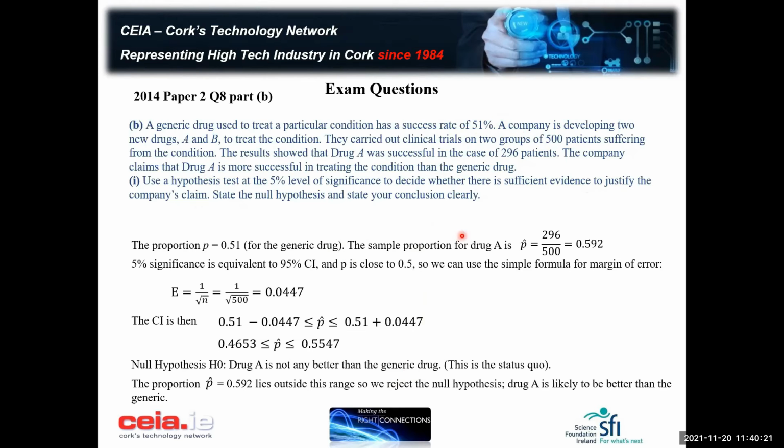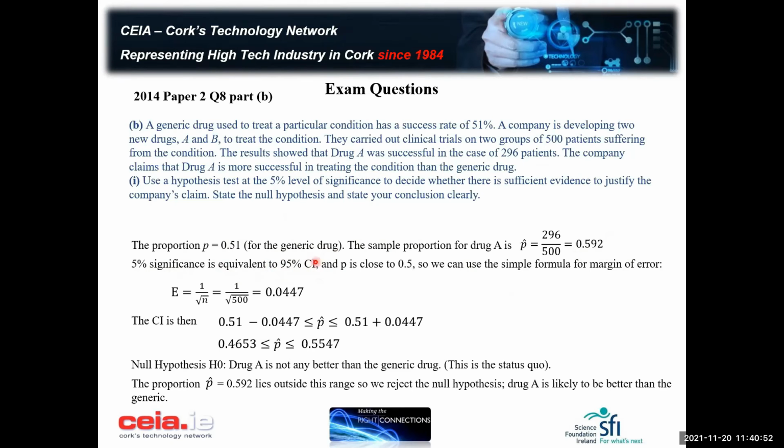Okay, so let's work through it. The proportion for the generic drug is 0.51. The sample proportion for drug A, work it out, it's p hat, 296 over 500, which is 0.592. They're asking you for a 5% level of significance. That's a 95% confidence interval.